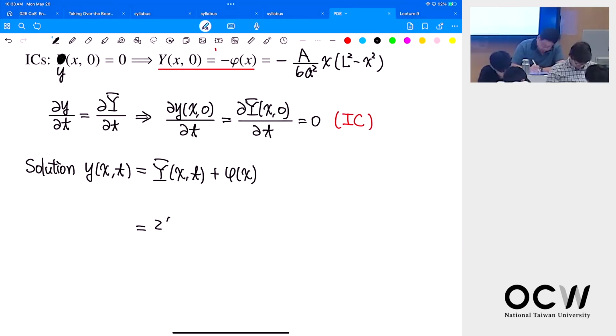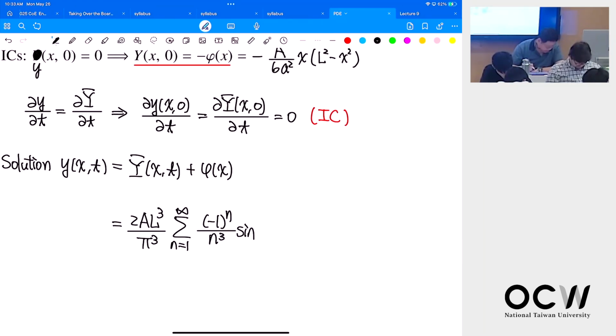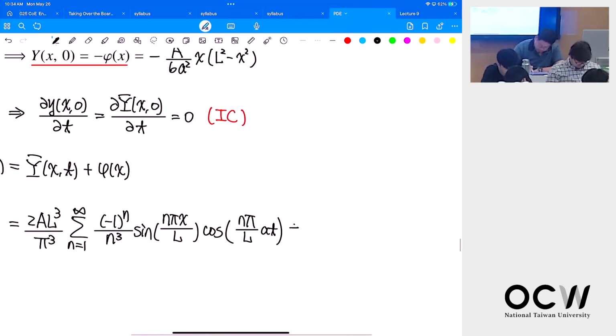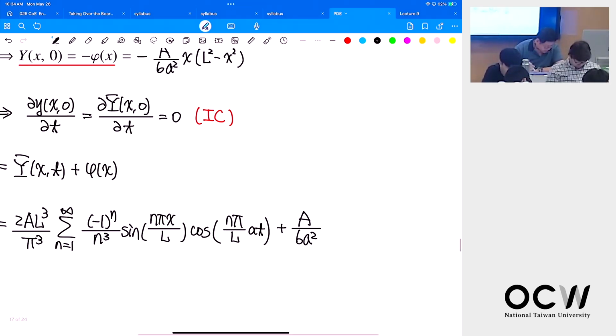You have 2al cubed over pi cubed, summation n from 1 to infinity, minus 1 to the n cubed, sine n pi x over L, cosine n pi a t over L, plus 6a squared x (L squared minus x squared).